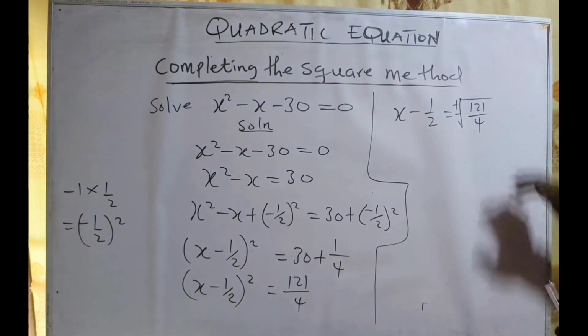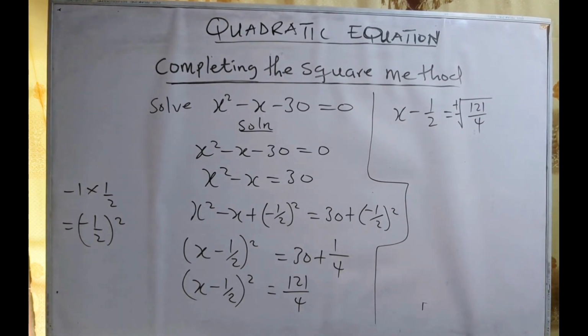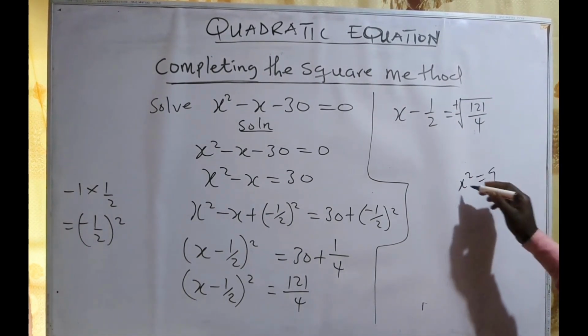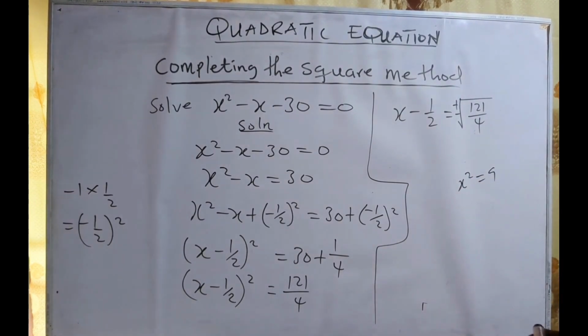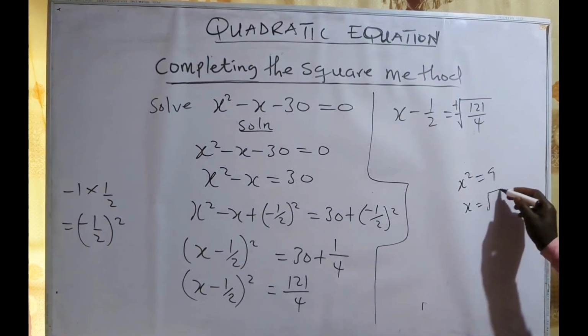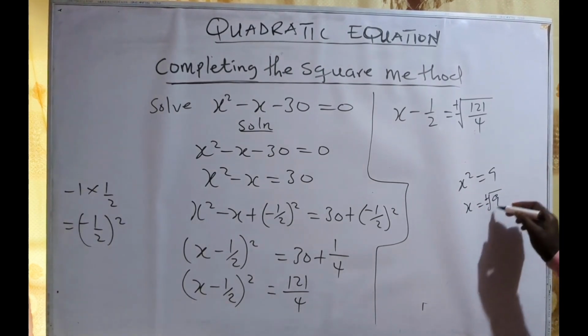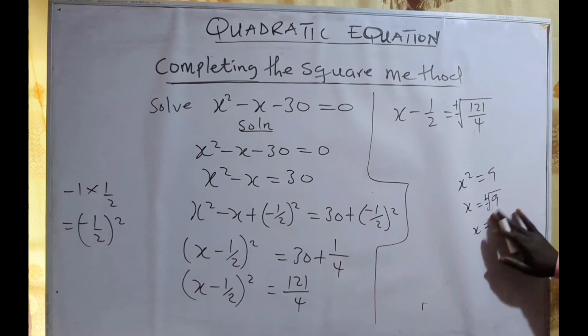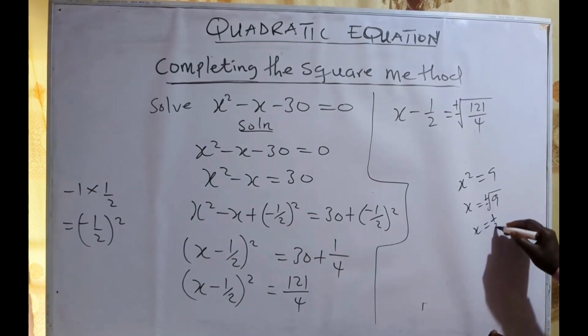The reason why we are using plus or minus here is because, for instance, when you have x squared equal to 9, and I solve this, I will say x is equal to plus or minus the square root of 9. The square root of 9 is 3.